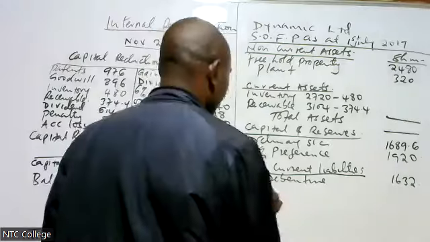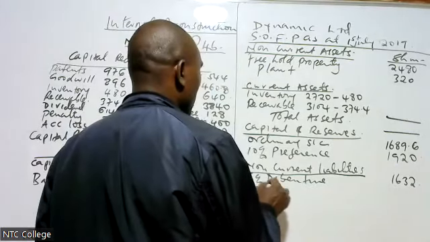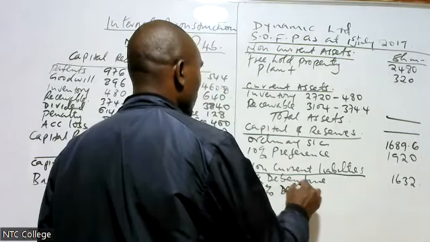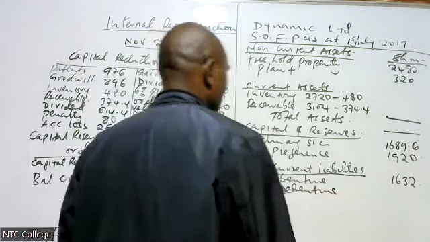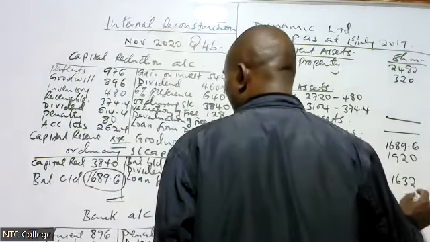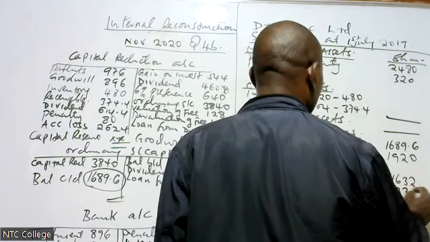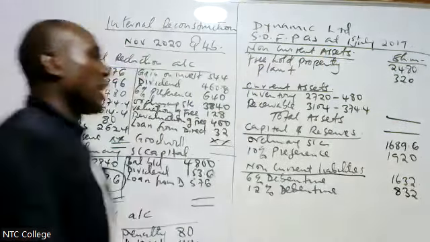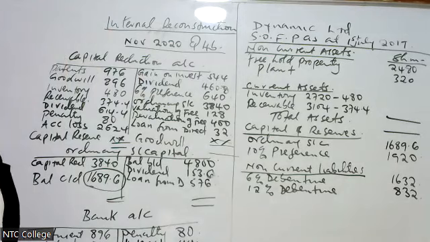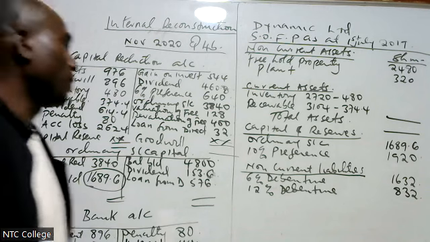Then we have the 8% debenture. It was 832, we issued 8% debenture of 832.